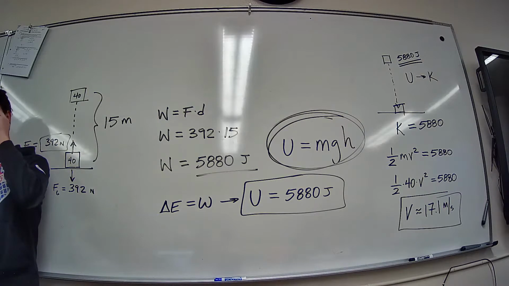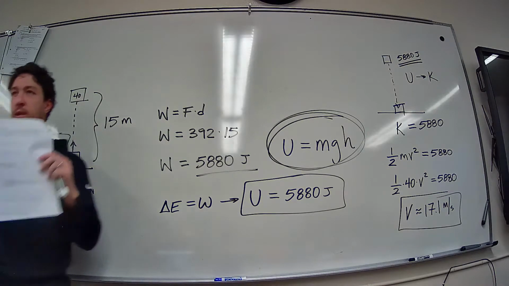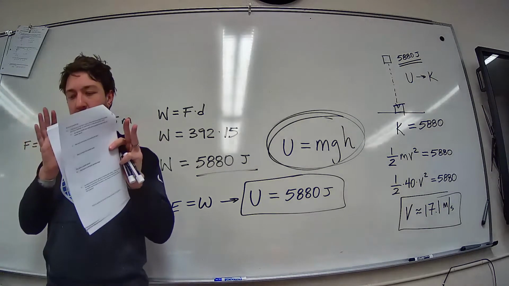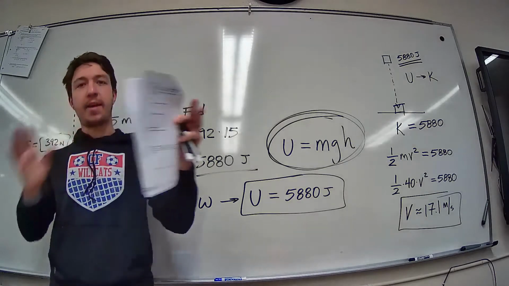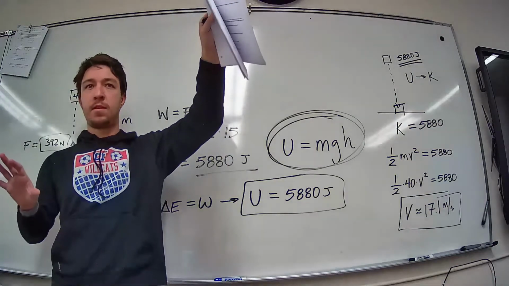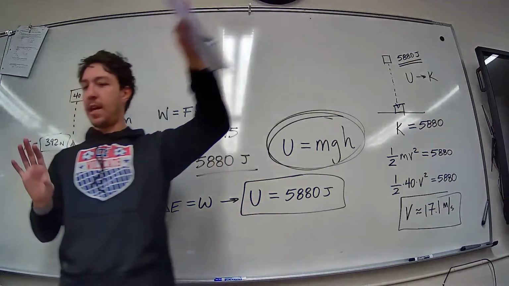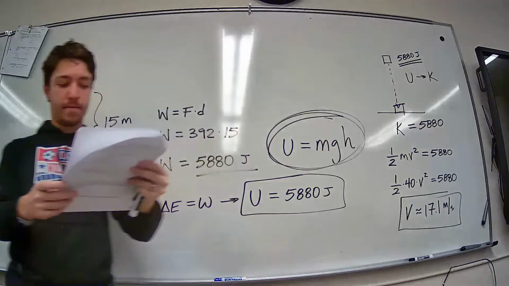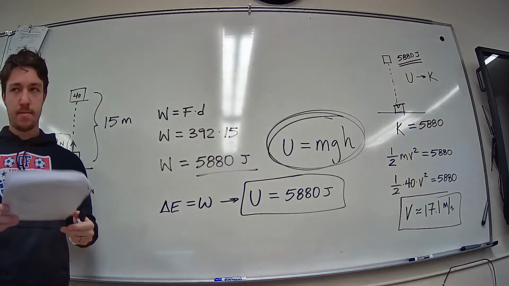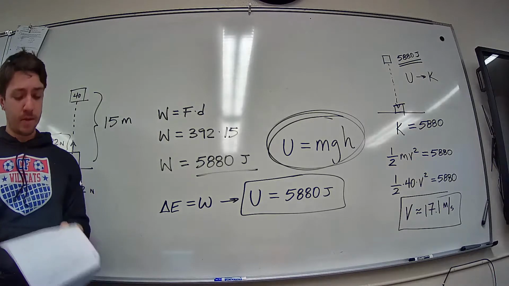Can you visualize maybe a diagram that quantifies a before and after state for the system? Like how much energy does this thing have at the beginning? How much energy does it have at the end? Hopefully that makes sense. Then quantify what work did the engine do?